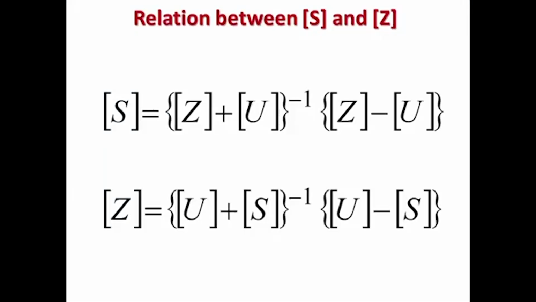Our advice is, if a lumped element is there, not a distributed one, try to find its Z or Y, whichever is convenient, then finally find Z, and if you want to find S, use this formula from Z. On the other hand, if there is a distributed line, then try to find its S parameter, and from the S parameter you can come to Z or Y as required.